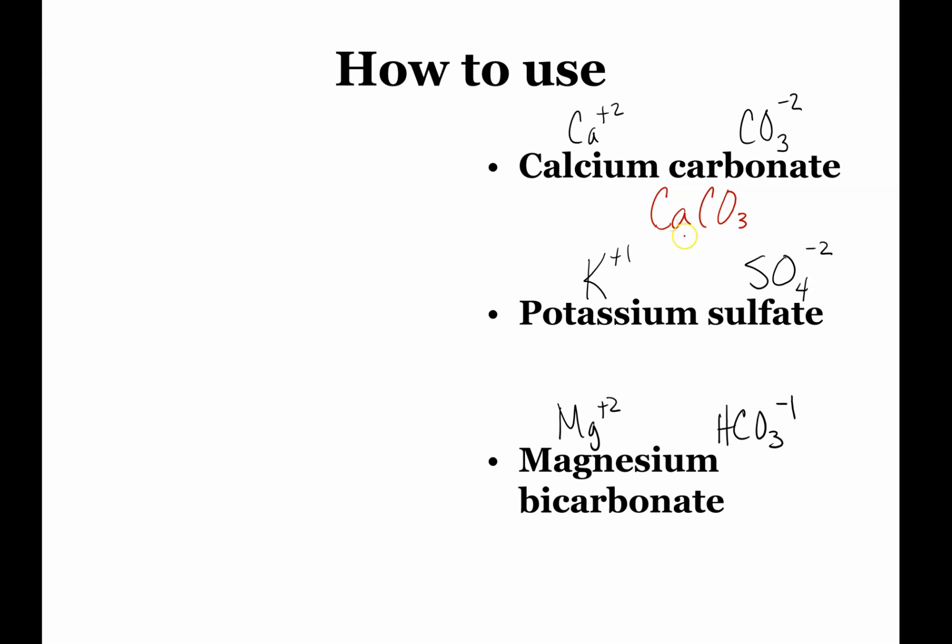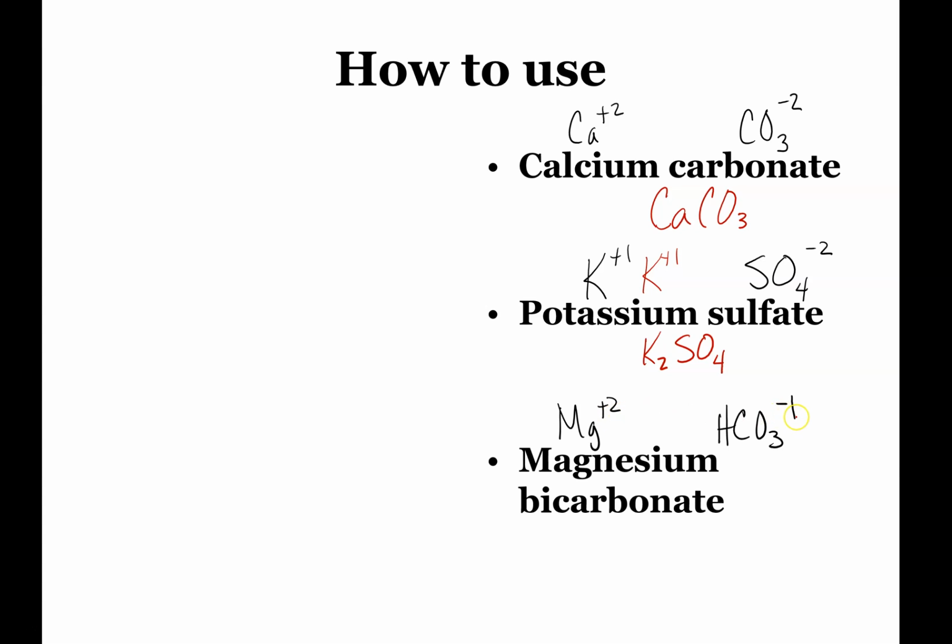This is the active ingredient in Tums, or what is chalk and limestone, all that kind of stuff. +1, -2. So I need another one of these. Now I'm not going to put potassium in parentheses because this isn't in the box of polyatomic ions. K is by itself. So K, subscript 2, capital S, capital O, subscript 4.